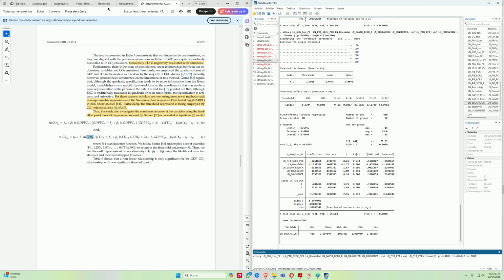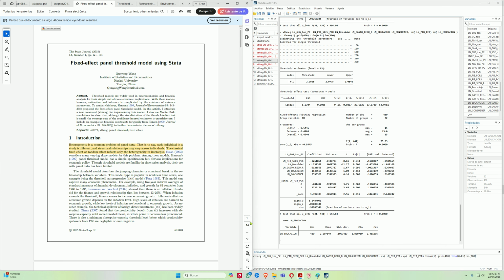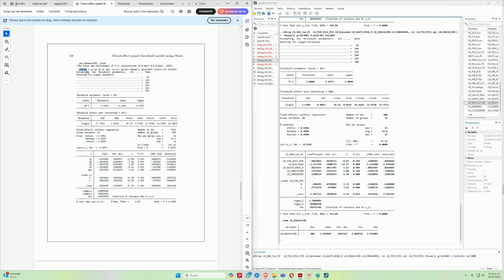And this is the command that we need to use: hansen threshold regression, HTHREG, with the dependent variable and the explanatory variables. In this case, the GDP of the secondary sector is equal to industry, population density, spending on regulation, education, and energy consumption. It explains the emission of greenhouse gases.